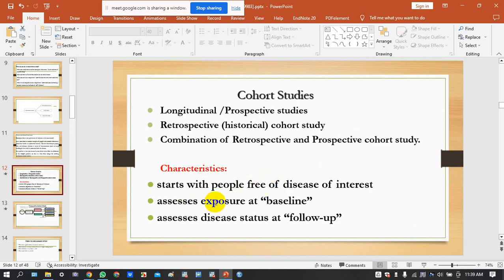Then we assess exposure at baseline. At baseline, that's the starting point when they didn't have the condition, we look at the factors that influence them, the exposures, what they were exposed to, which made them not to have the condition.